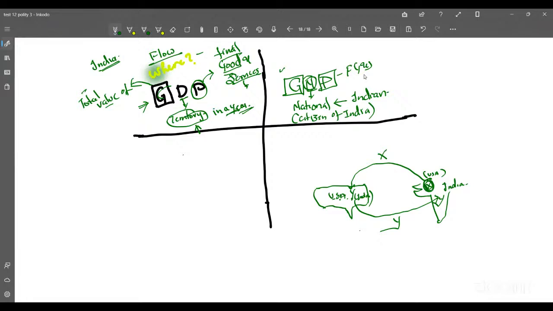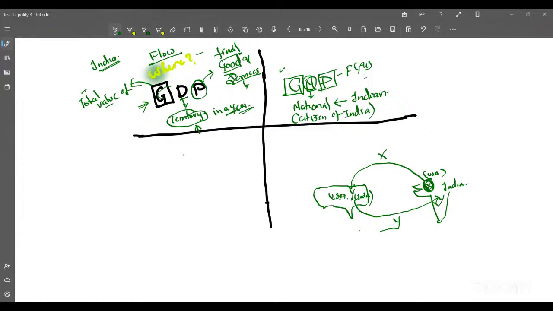X வந்து GNP ல add ஆகுமா? No, sir. ஆகாது. சரிங்களா? ஏன் ஆகாதுன்னா that might be produced in India, but it is not Indian who produced it. சரிங்களா? அப்ப GNP ல எது மட்டும் தான் கால்குலேட் பண்ணுவோம்? Only those money which is produced by Indians we will calculate.